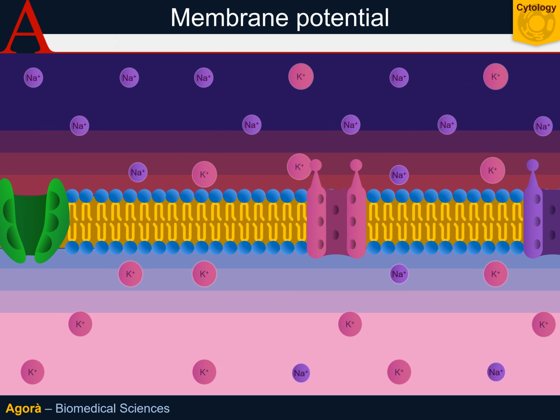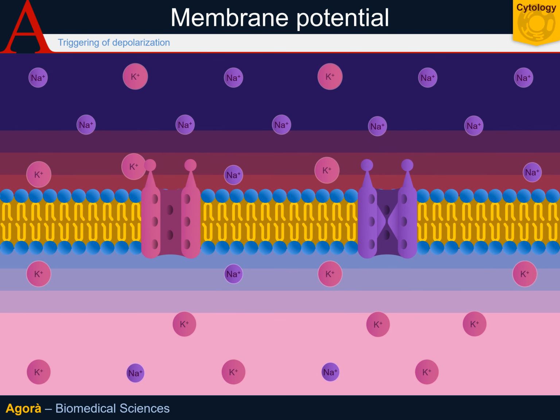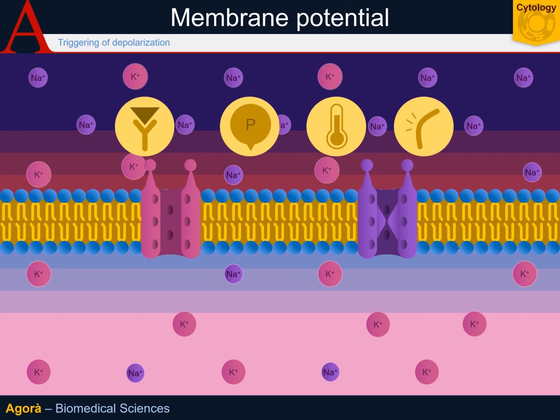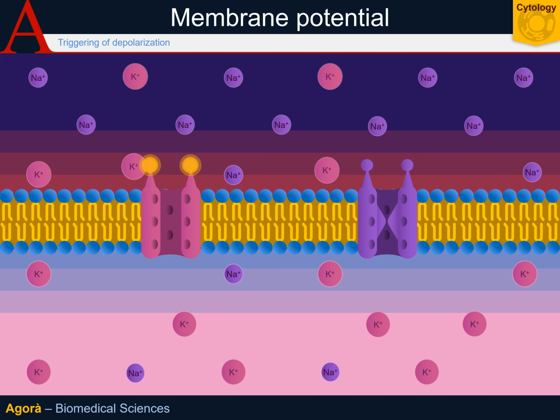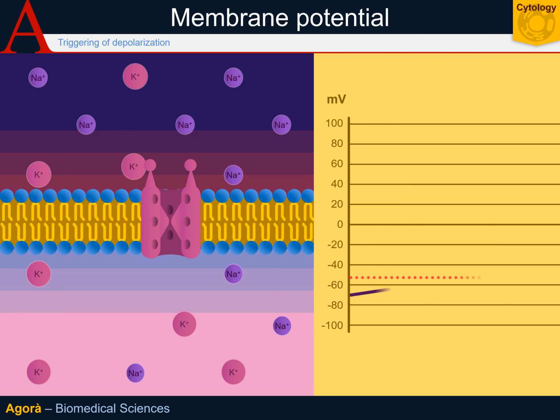There are particular ion channels that, in response to stimuli, can open or close. The closing of potassium channels, or more frequently the opening of sodium channels, determines an accumulation of positive charges inside the cell. In this way, the resting potential of -70 mV is raised, because the internal environment is less negative.